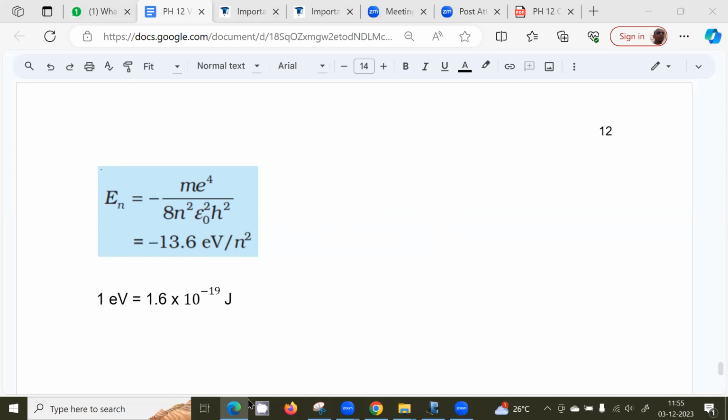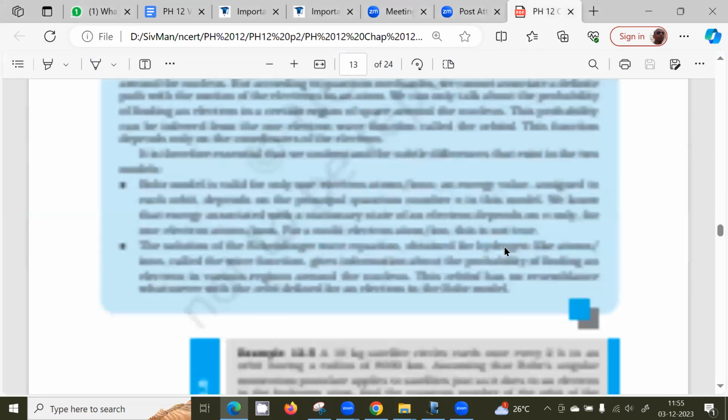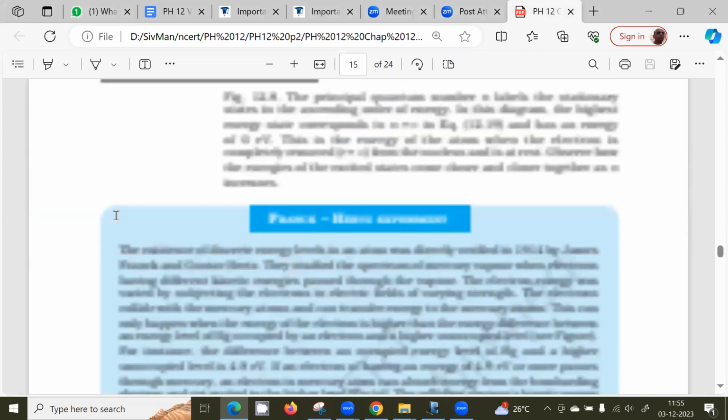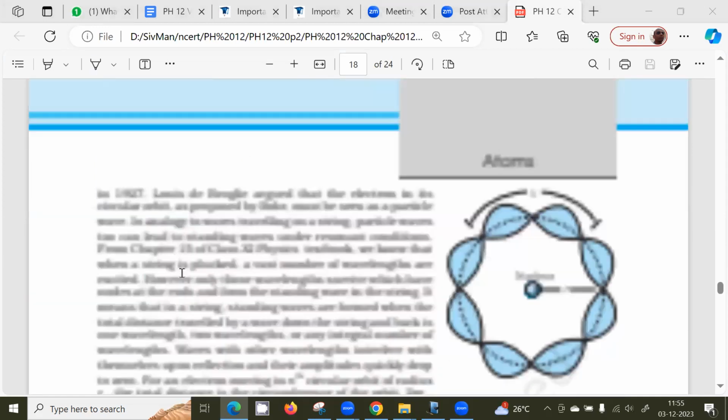Today let's solve some problems. NCERT exercise. They are straightforward questions.